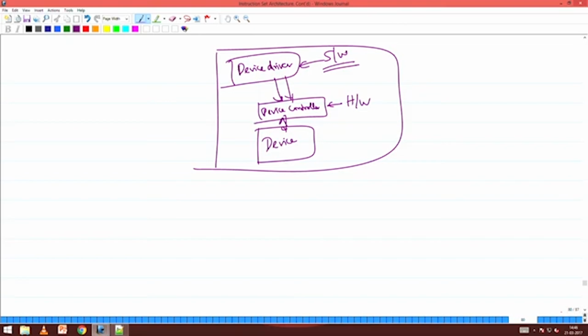Now, over a period of time, the device driver has to execute in the CPU. Well, then this is the bus, okay. So what will be the execution of the device driver? The device driver will pass the necessary information to the device controller, like this hardware, this, that, everything, and then the device controller can start working, okay.